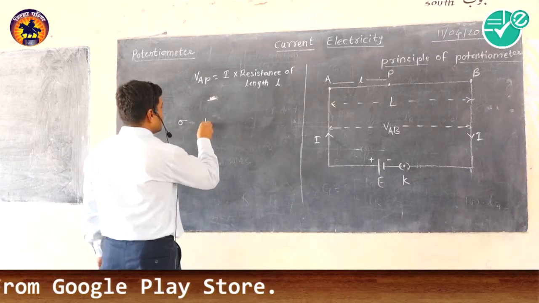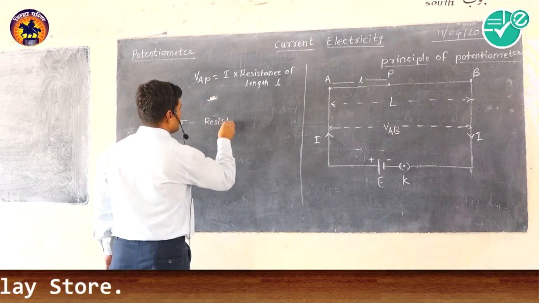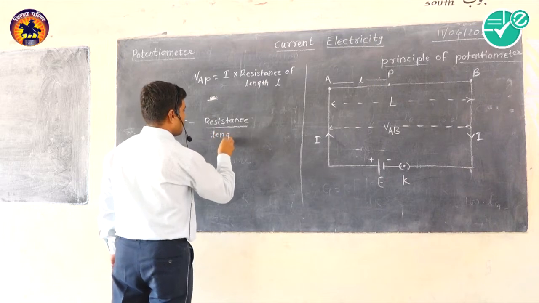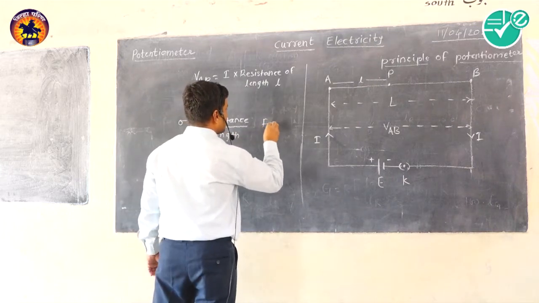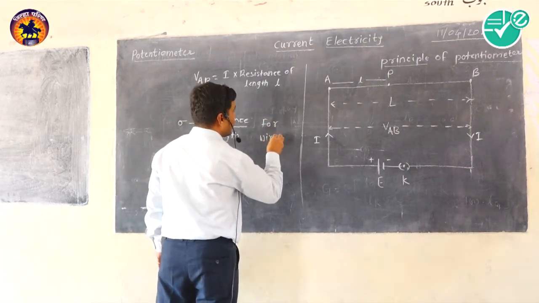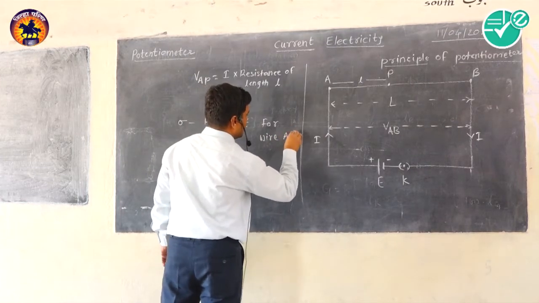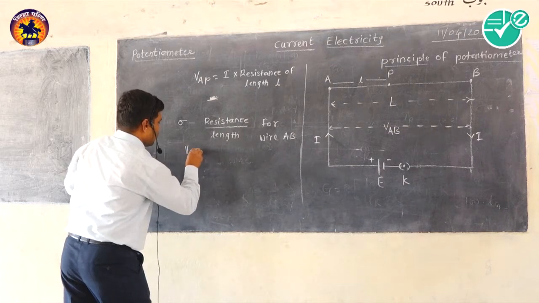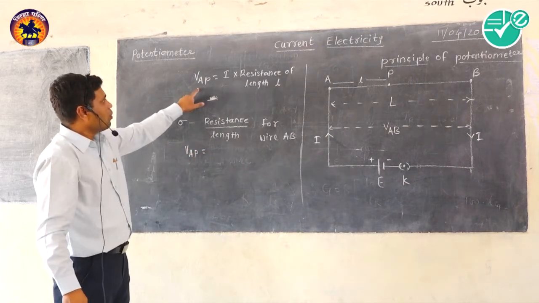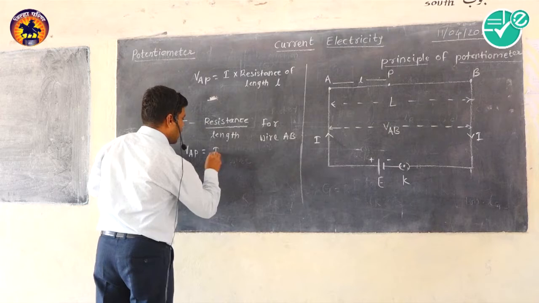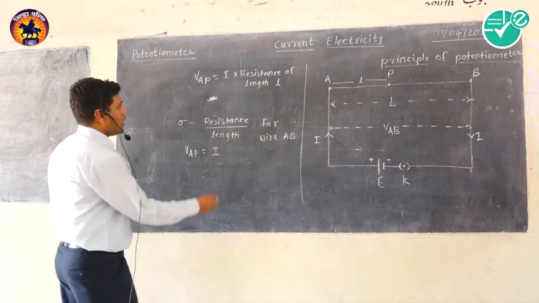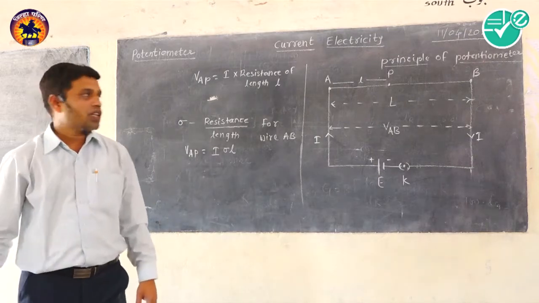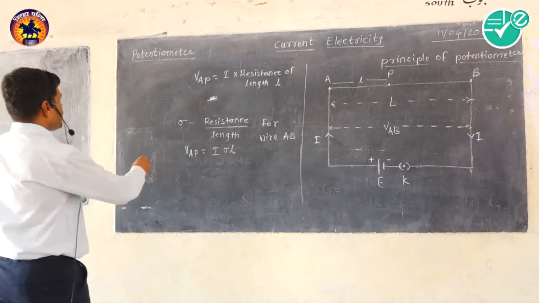If sigma is the resistance per unit length for wire AB, then the resistance of length l is sigma into l, and we can write the potential drop between AP as I, the current flowing through the wire, into sigma into l. But the total current flowing through the circuit is also given by another equation.